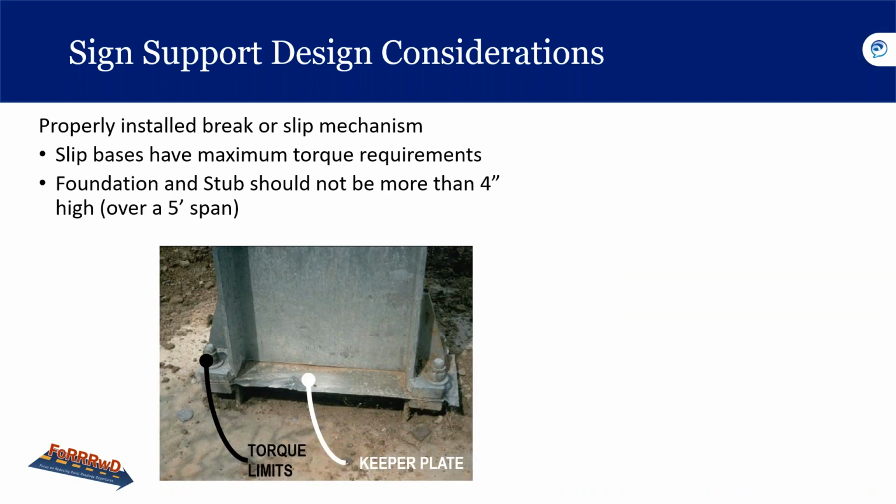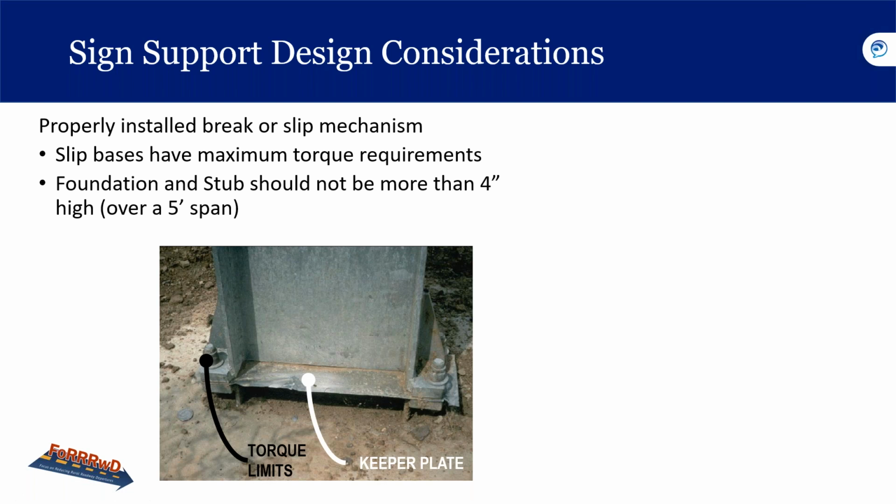And then we have other sign support design considerations. We talk about slip bases. They have torque limits, as you can see in that bottom picture, torque limits on this big bolt on the left. And then they have something called a keeper plate. Slip bases have torque limits. If they're too tight, they may not slip in an impact.